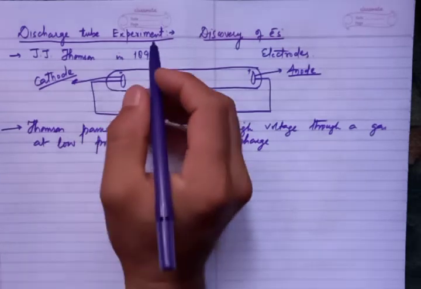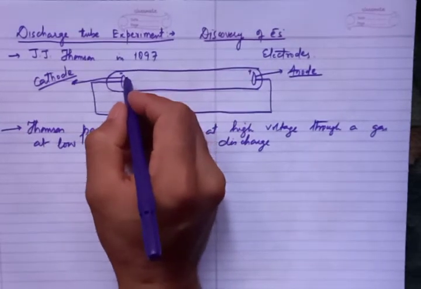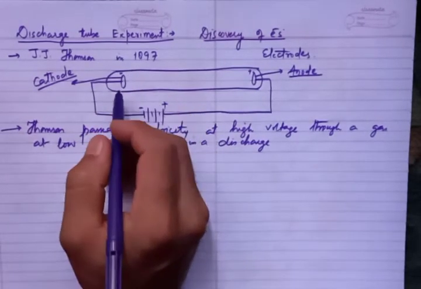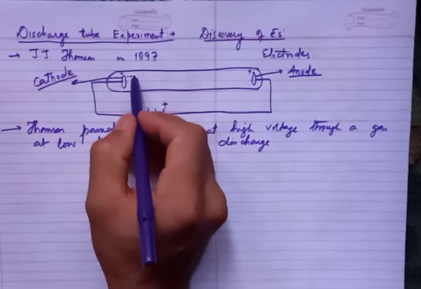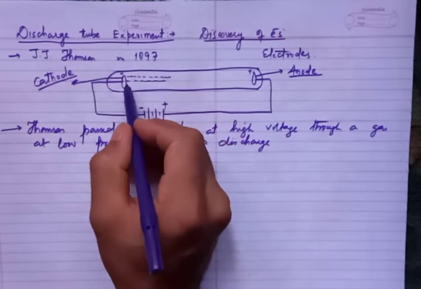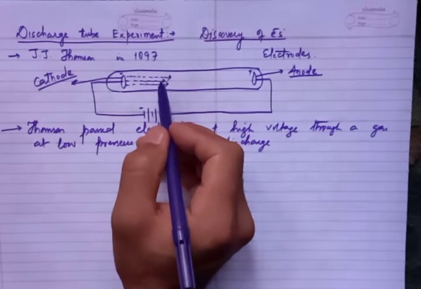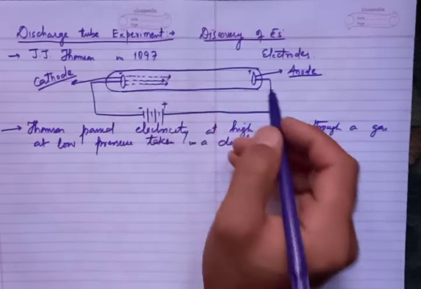ठीक है ना. तो देखा क्या गया, streams of particles were given out by the cathode. When the gas was subjected to high voltage, streams of particles were emerging from the cathode, moving towards the anode.